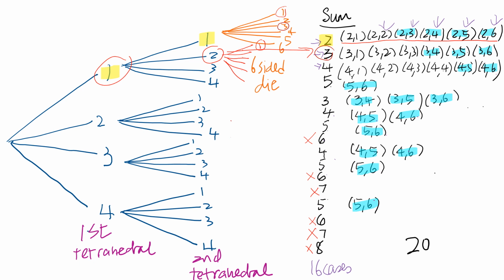How big is the sample space? Just now we calculated that when we roll the 2 tetrahedral dice together, there are 16 cases. If you roll it again with the 6-sided die, altogether there will be 16 times 6, which gives you the total sample space when you roll these 3 dice together.